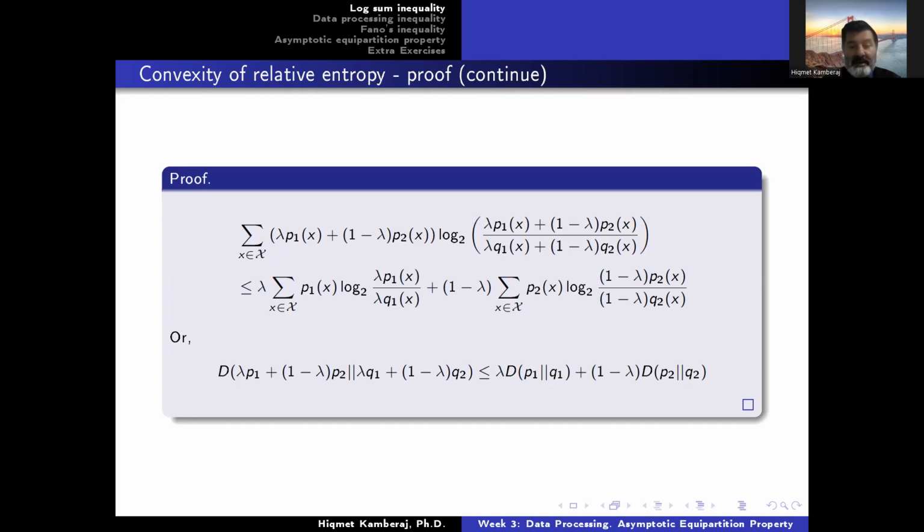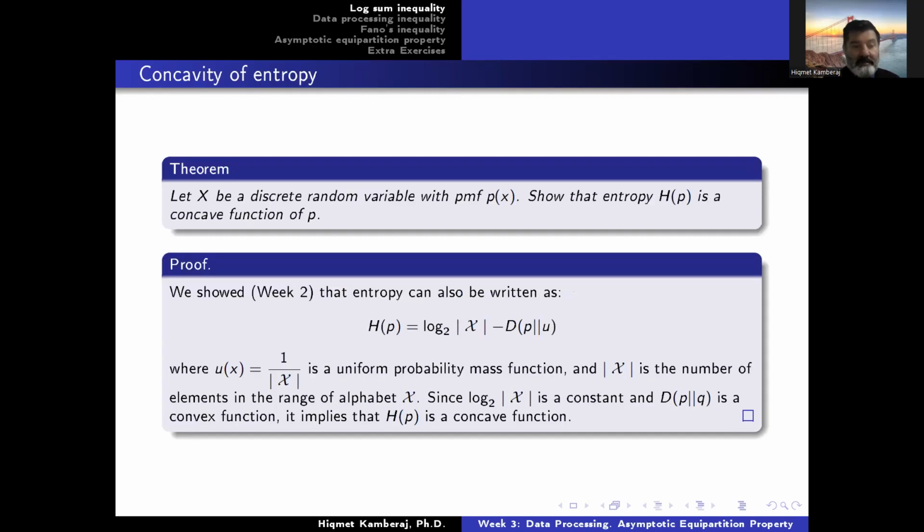We can write that the first gives us the relative entropy between these two probability distributions, lambda p1 plus 1 minus lambda p2 and lambda q1 plus 1 minus lambda q2, less than or equal to the right-hand side, which gives us lambda times the relative entropy between P1 and Q1, plus 1 minus lambda times the relative entropy between P2 and Q2. And this is the proof of what I wanted.